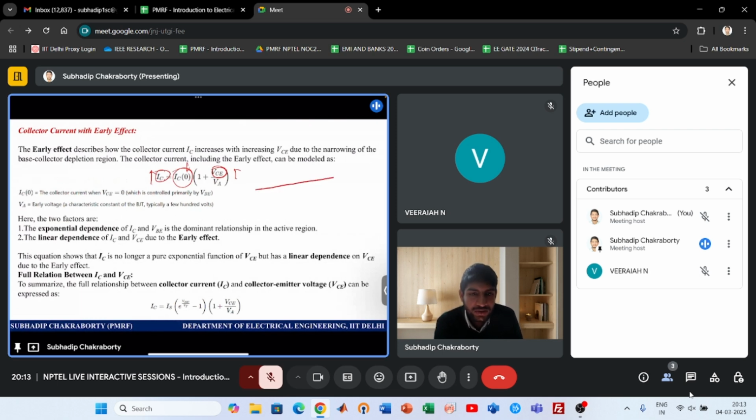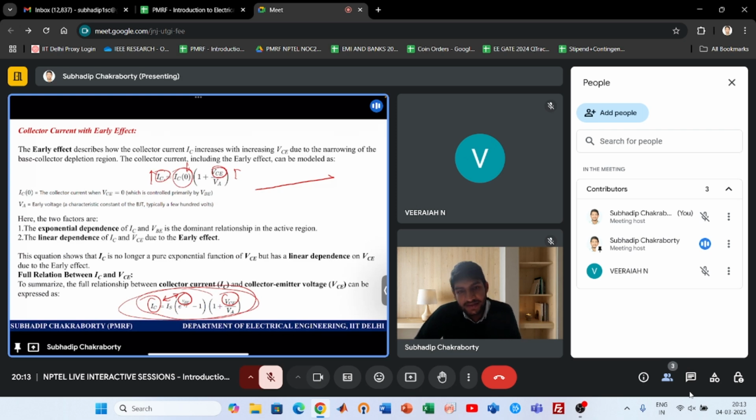The dependence on VBE and VCE can be included in IC, and it has more dependence on VBE and lesser dependence on VCE, as you can understand from the very intuitive reasons that I already explained.